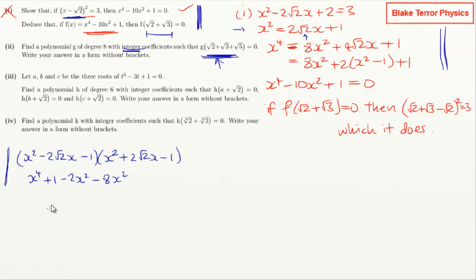So does that mean I still want to do x minus root 2 squared equals something that I want to work out for that particular root? As in, for this root in the first part of the question, when I put it in here, I get a 3. So I need to do the same thing with this root to get a number here. So that's one option. Or do I want to do x minus root 2 minus root 3 squared equals 5?